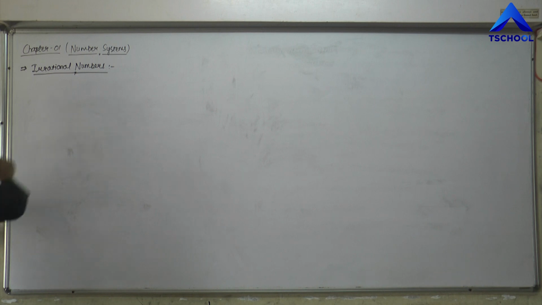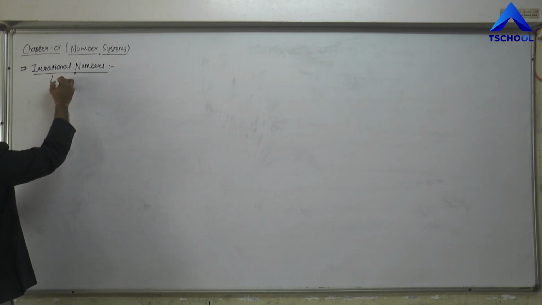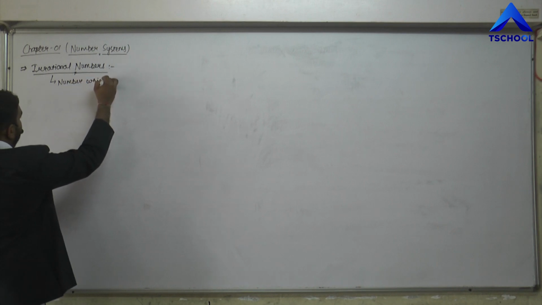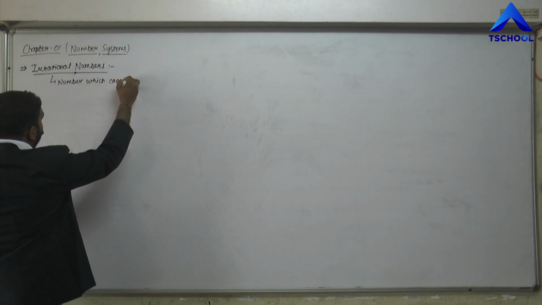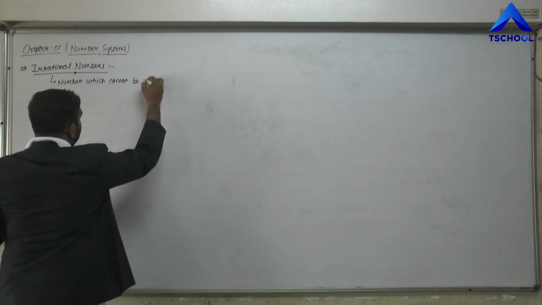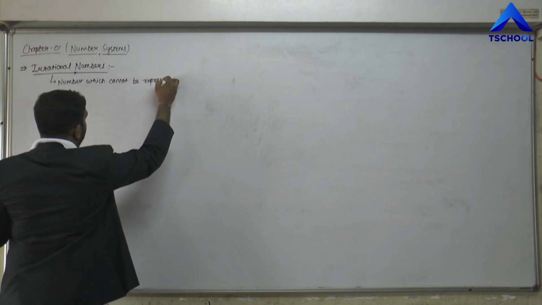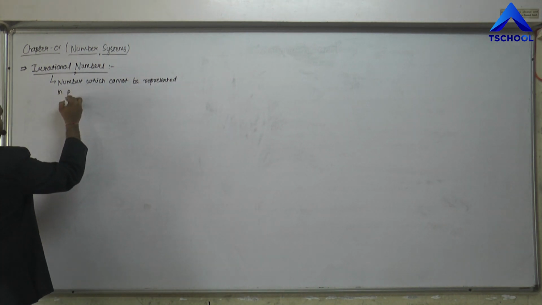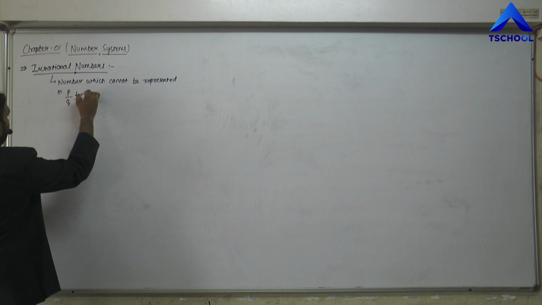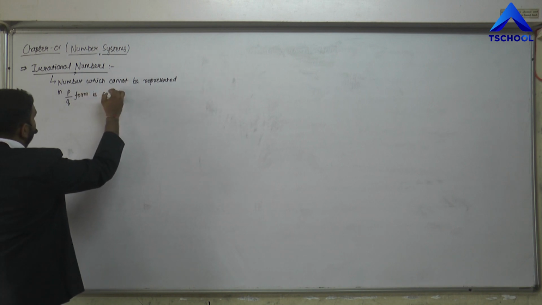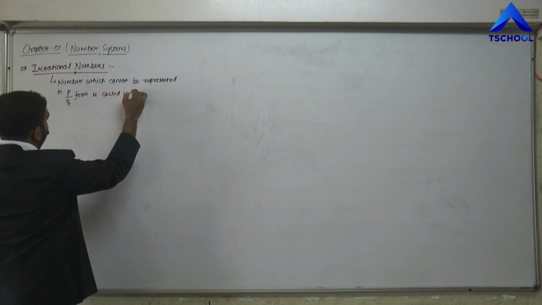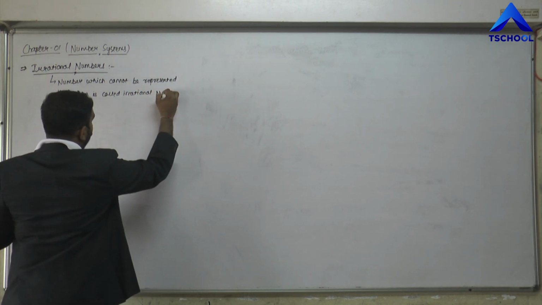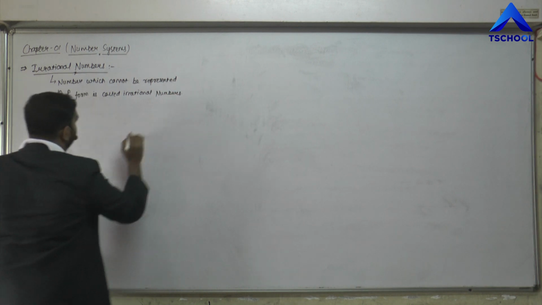Numbers which cannot be represented in p by q form are called irrational numbers.